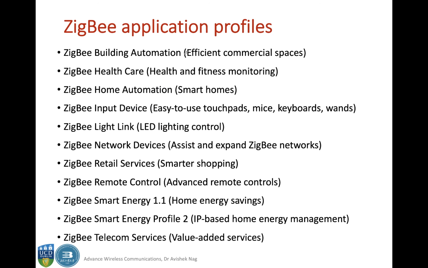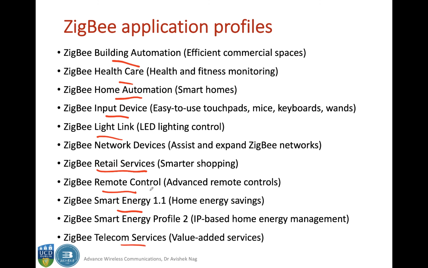So there are different ZigBee application profiles that can exist. So let's say for building automation, for healthcare, for home automation, for input devices like wireless mice, keyboards, touchpads, etc., ZigBee Light Link, ZigBee network devices, in smart shopping and retail services, remote control, smart energy, in telecom services.